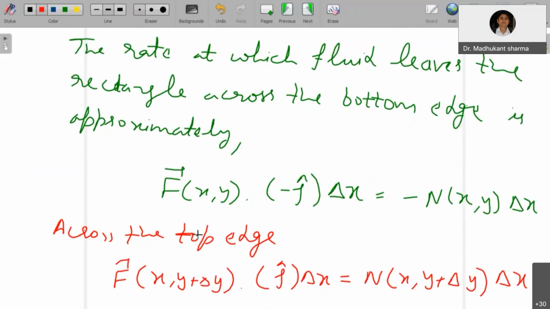So the total rate at which the fluid leaves across the bottom edge and the top edge will be the sum of these.